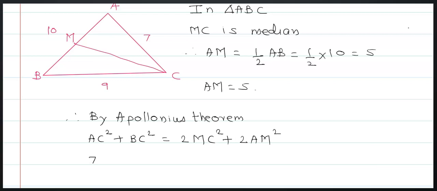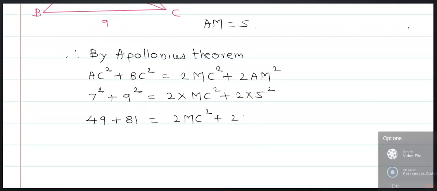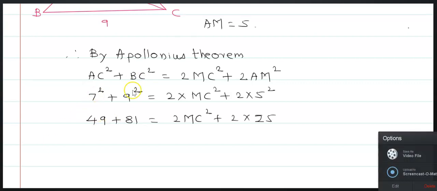We'll substitute the values. 7 square plus 9 square is equal to 2 times MC square plus 2 into 5 square. Now these are the values. 7 square is 49, 9 square is 81, 2 into 5 square, that is 25, that will become 50.